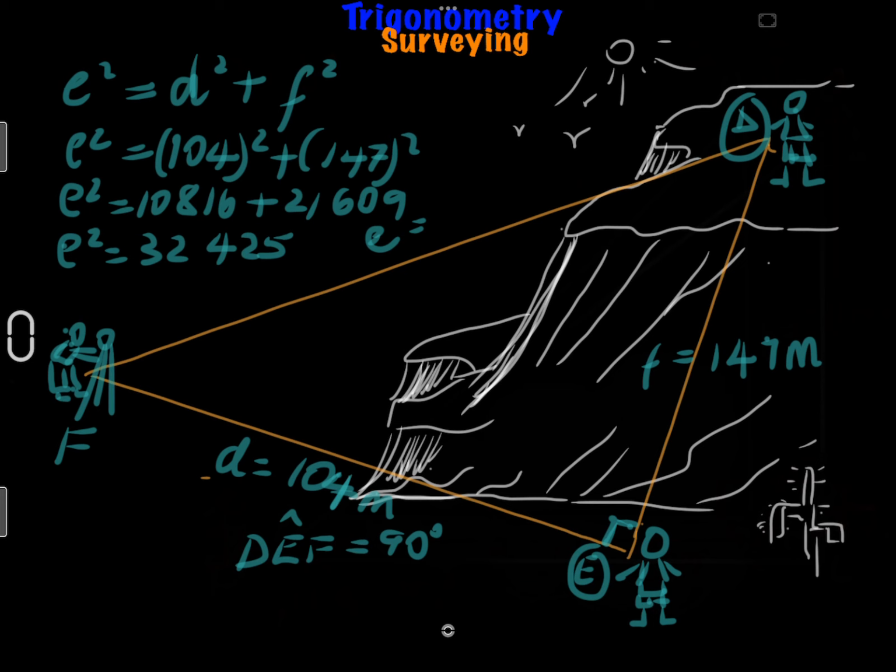So essentially when you take the square root on both sides, you remain with e. So the square root of 32,425 is actually 180.07 when you round it off to 2 decimal places.